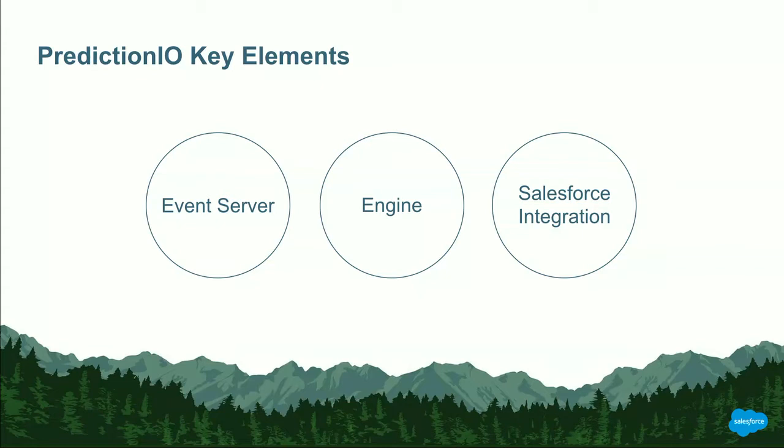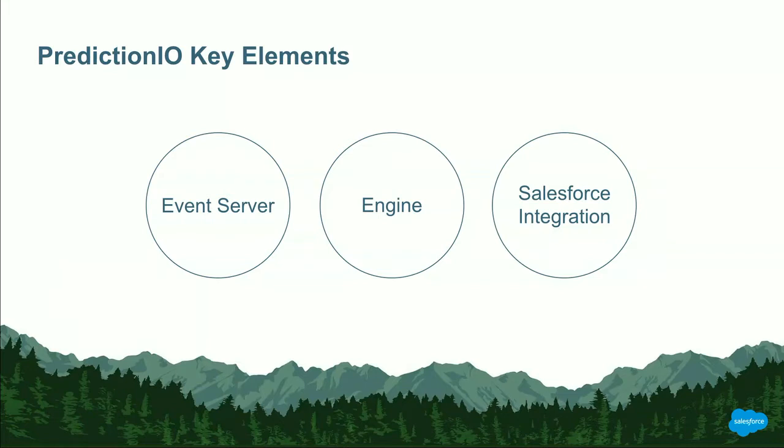There are three key elements in the implementation. One of them is called the event server. That is basically where the data is collected via REST API. What does this mean? Every time that we create a new opportunity, a new contact, or associate them, we are creating data in the event server.